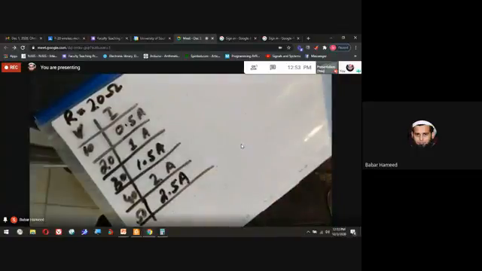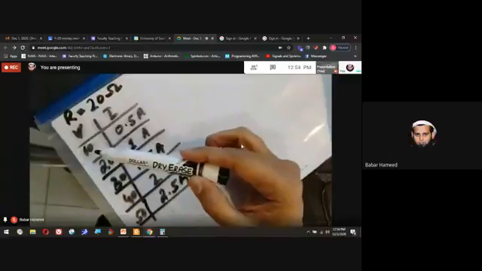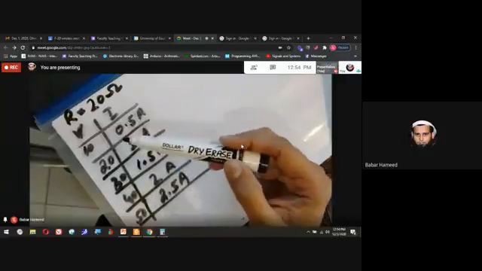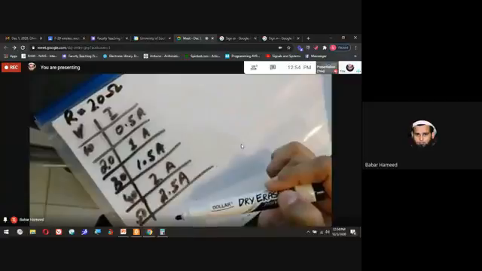You can see the voltage is increasing in steps of 10 volt and current is increasing in steps of 0.5 ampere.